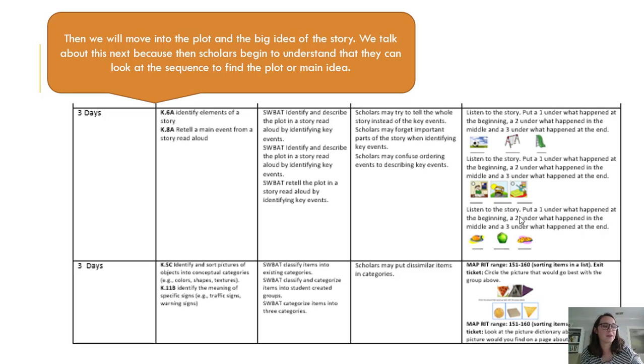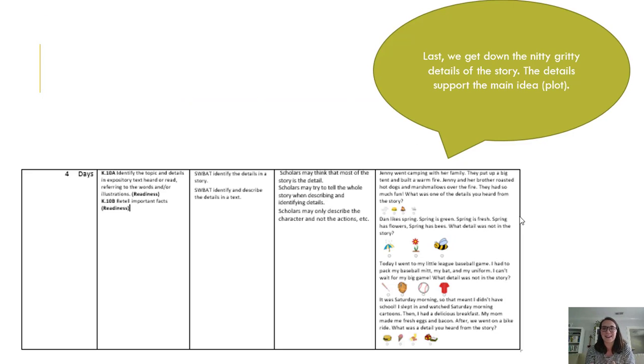So then we're going to move into details. Last week I talked about details and the nitty-gritty details that our stories need to have. And so we talk about how details support the main idea or the plot or the big idea. There's lots of different vocabulary for that. So I always talk about how details support the main idea, and we talk about how legs on a table support the table, and so those details are the legs, and the main idea or the big idea is the tabletop.